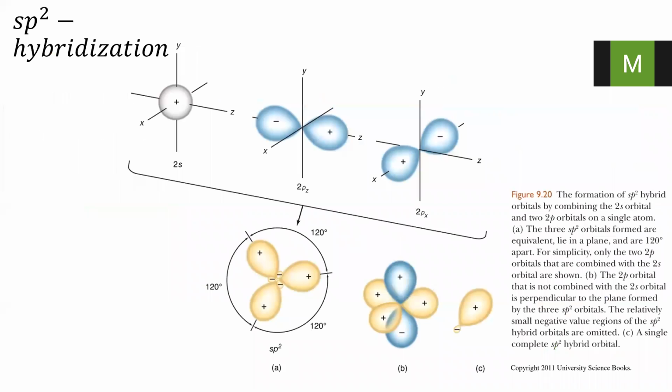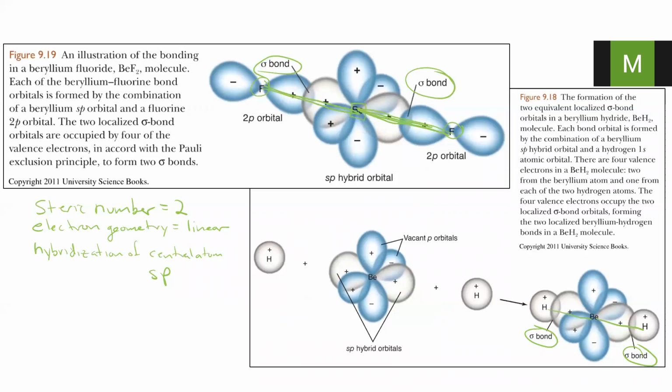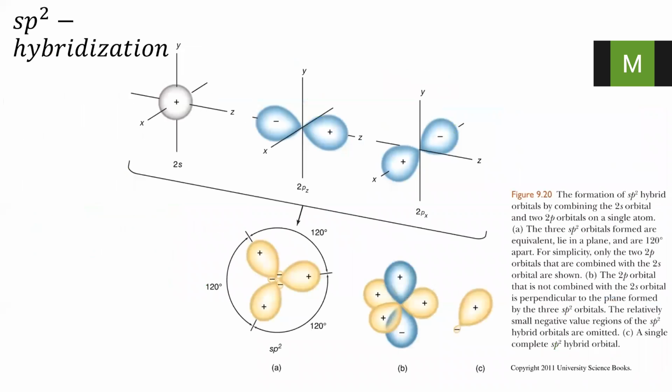And so what we'll pick up tomorrow, I'm going to let you sort of absorb what we just did here for the beryllium molecules. What we're going to pick up with tomorrow is sp2 hybridization. The quick introduction is that we're going to look at sp2 orbital hybridization, where the central atom has an s orbital and two p orbitals that are included in this combination to give us the sp2 hybrid orbitals on that central atom.